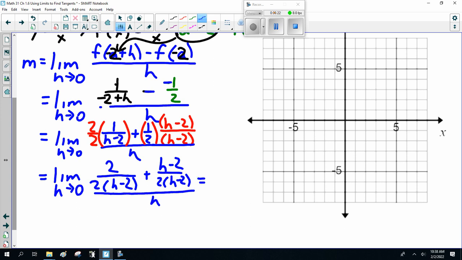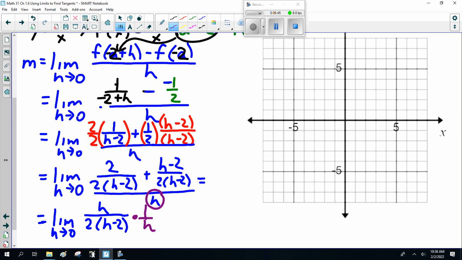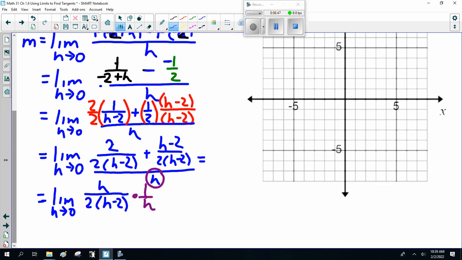With the common denominator, this is 2 plus h minus 2, so that becomes h over 2 times h minus 2. I'm running out of space, so I'll write the divisor as 1 over h.